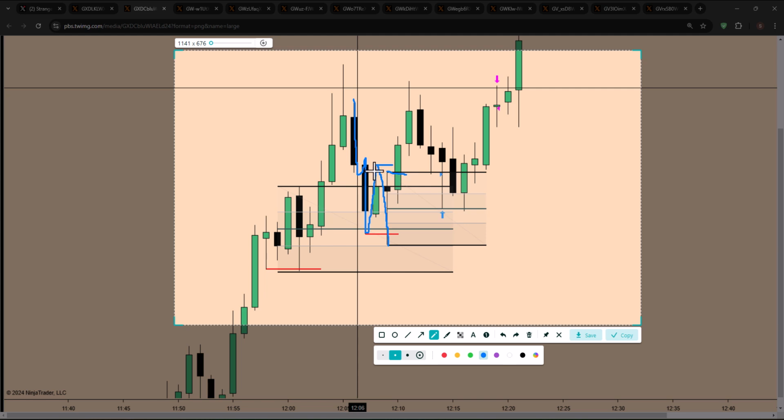But there are some instances where this high right here, pay attention. Let me remove some of these drawings. So technically, this is the CSS and the break of structure, but sometimes this high is going to be way up here. So we need to wait for all of this to get broken in order to take my entry, right?